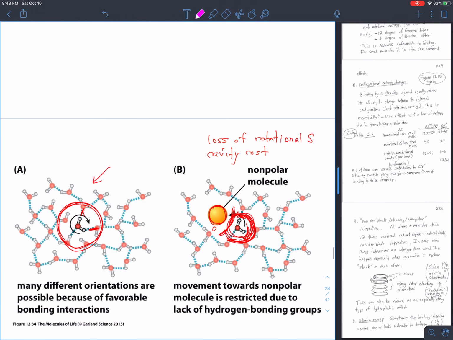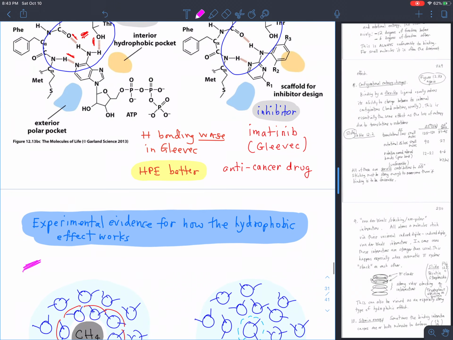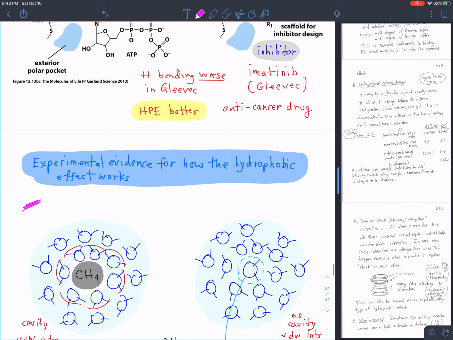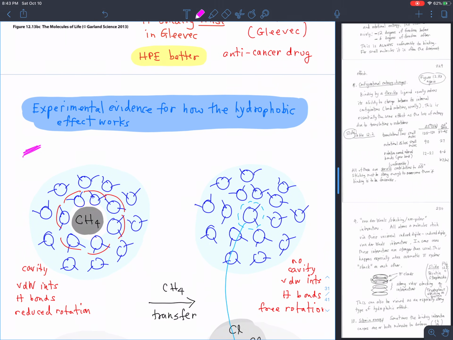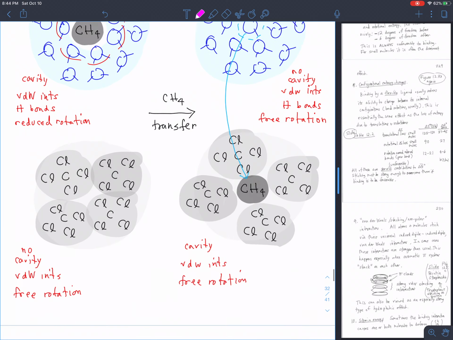In other words, this business about water rotational states being reduced, that comes from simulations mostly, because you can see water rotation nicely in a simulation, whereas it's hard to see by an experimental method. But there is experimental evidence for the same kinds of picture, and it comes from a rather weird type of experiment, one that you wouldn't think was relevant at all at first glance.